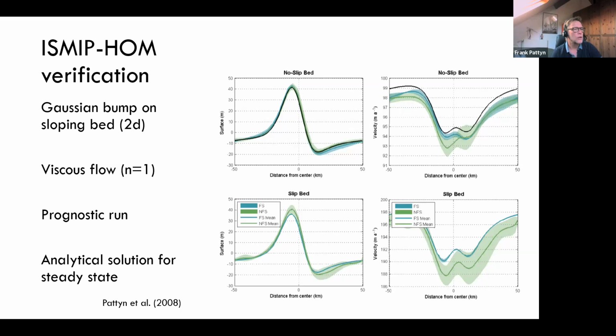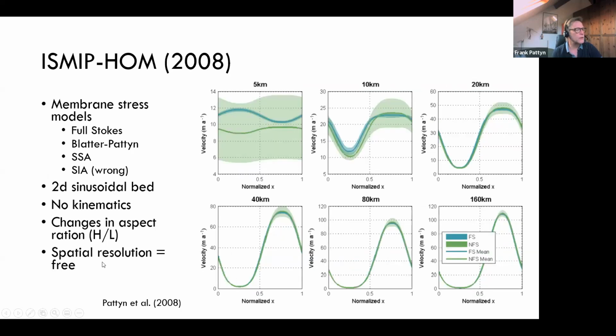And this was also rather well represented by both the full-Stokes and the shallow ice approximation models that use membrane stresses. So that was very neat to see that, to have a confidence in those approximations and what they could do.